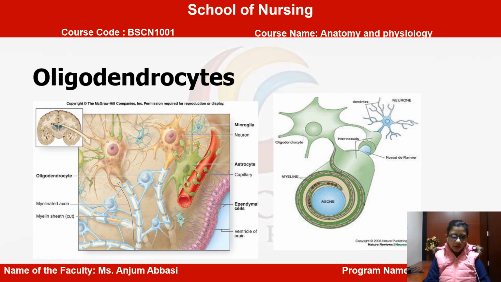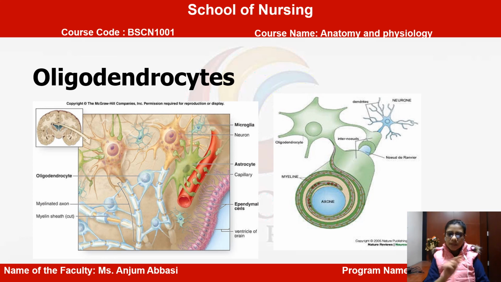Generally, this is a diagram of neuroglial cells, which represents all four types of neuroglial cells together. So microglial cells are there, you can see the astrocyte is there, the ependymal cell is there, and at the inferior side there is a sky blue colored cavity. That particular cavity is a ventricle of the brain, where cerebrospinal fluid is present. And in this greenish diagram, you can see this is the axon.